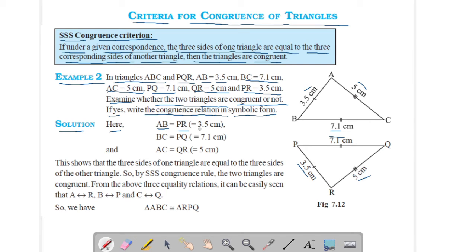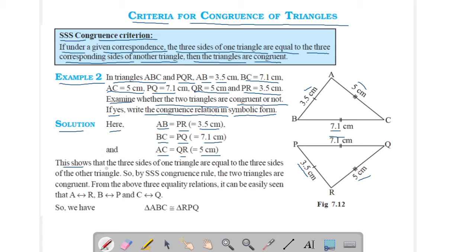Because each is 3.5 centimeters. Again, BC equals PQ. Why? Because they have the same length, that is 7.1 centimeters. And AC equals QR. Why? Because they have the same length, 5 centimeters.